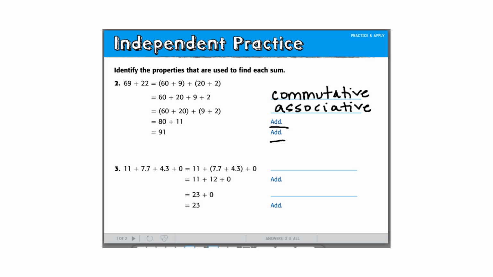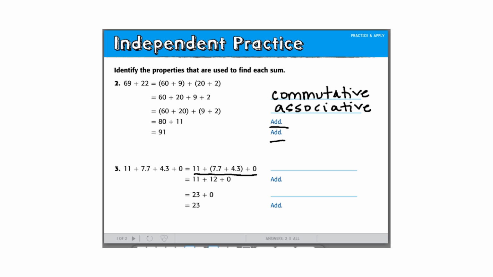Number 3, I had all these numbers here: 11 plus 7 and 7/10 plus 4 and 3/10 plus 0. And what they're saying is, did they change the order here? No. Look at the next number, on the other side of this equal sign. Are the numbers in the same order?